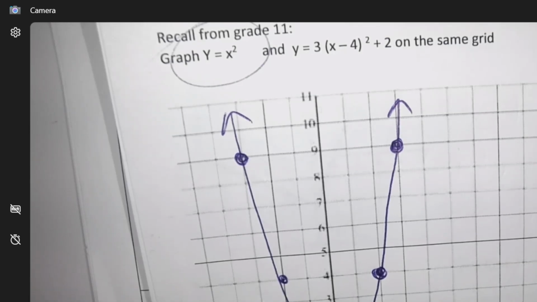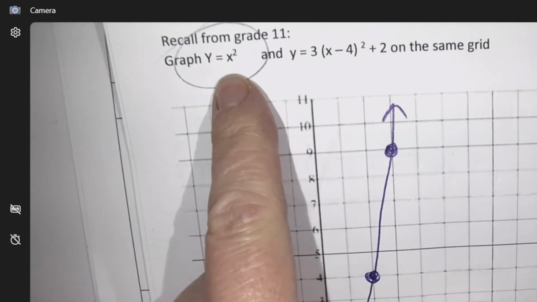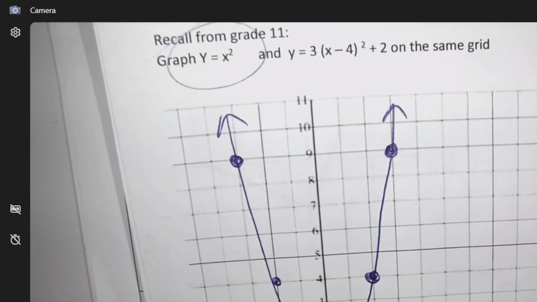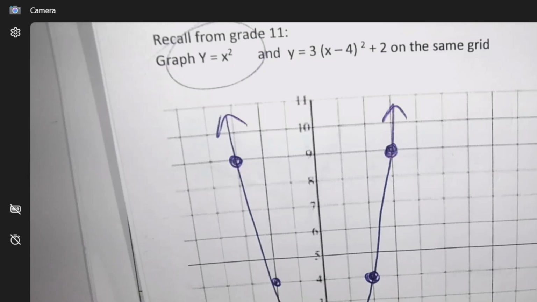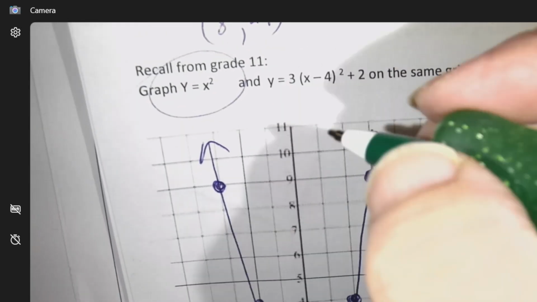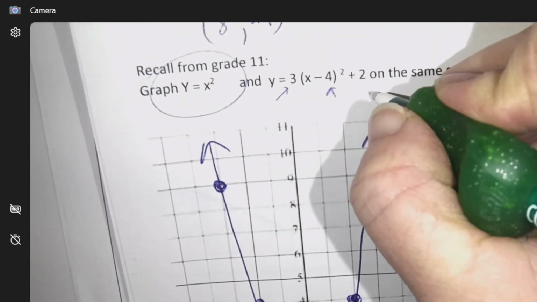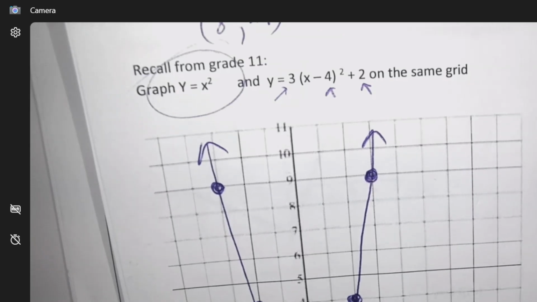Okay, so here's why this question is a little bit different. Because I'm not doing f of x, I'm listing my function x squared. So there's no f. The function is replaced with an x squared. Okay, so we have to still identify these things, okay?